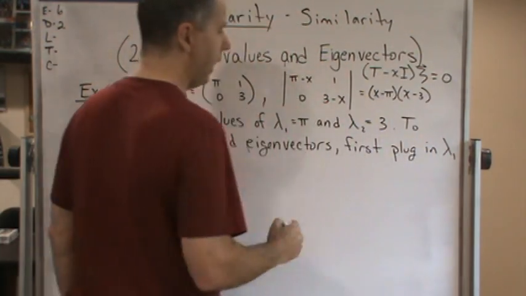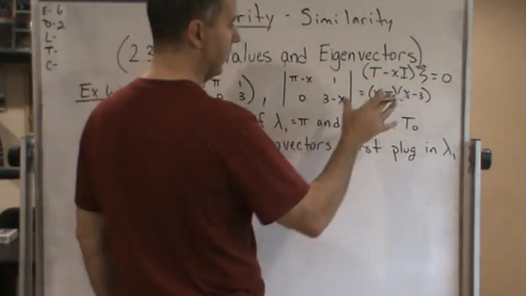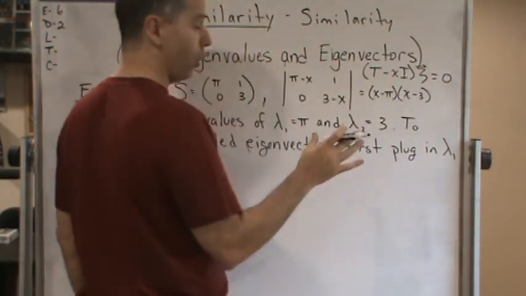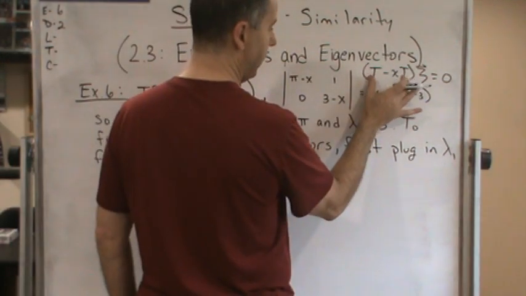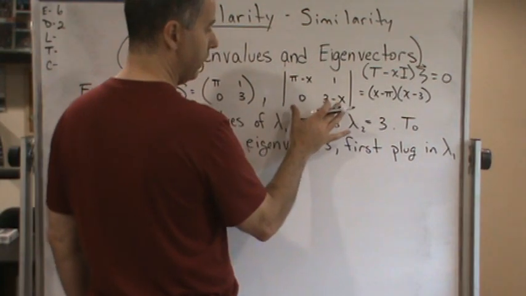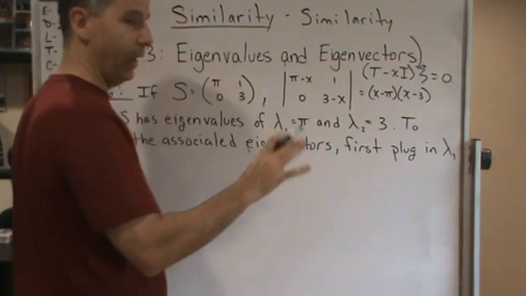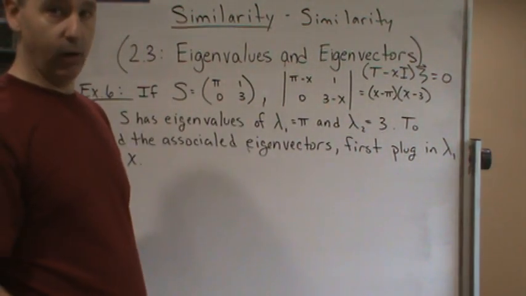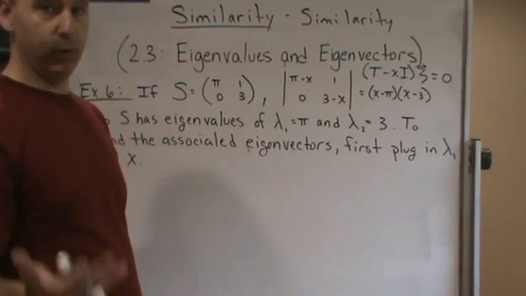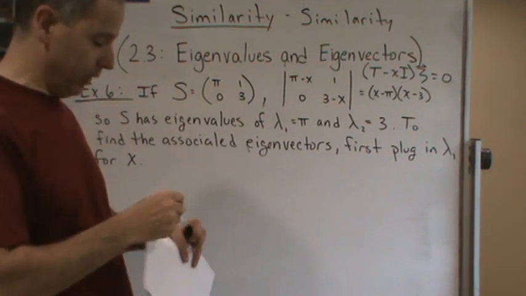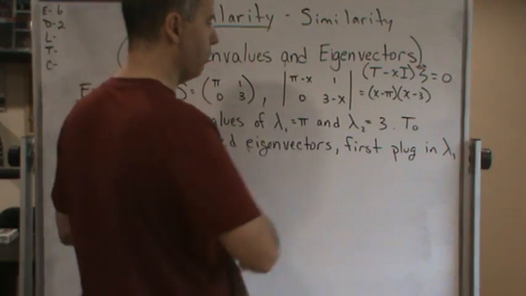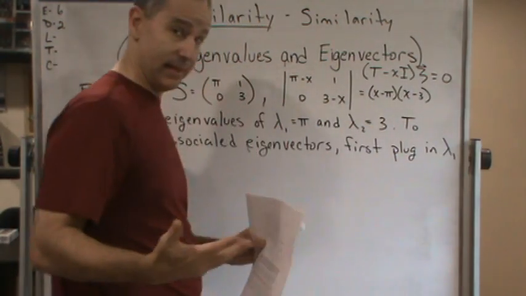Once we found this, we found the determinant, and we used the determinant to find when it is equal to 0, and by that we found the eigenvalues. So all we're doing is jumping ahead, and now we know how to set this up.